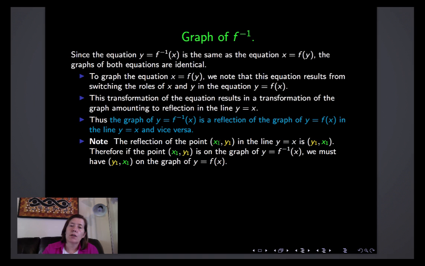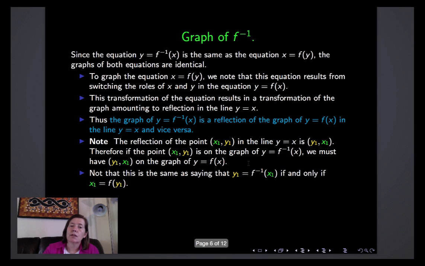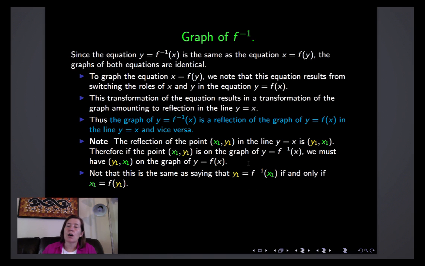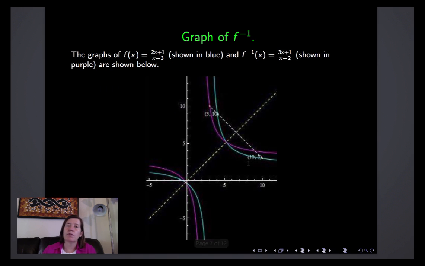And so, if the point (x1, y1) is on the graph of y equals f inverse of x, then we must have (y1, x1) on the graph of y equals f of x. That's the same as saying that y1 equals f of x1 if and only if x1 equals f of y1. So it's the same as our algebraic equivalence from before.